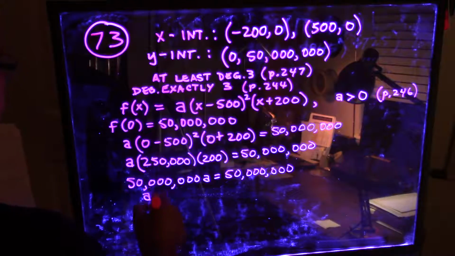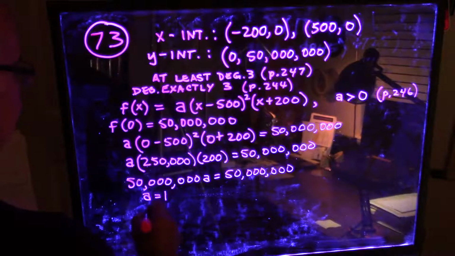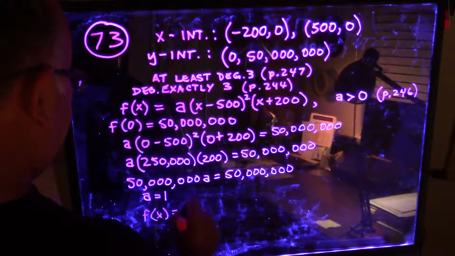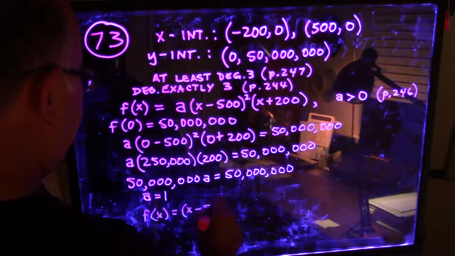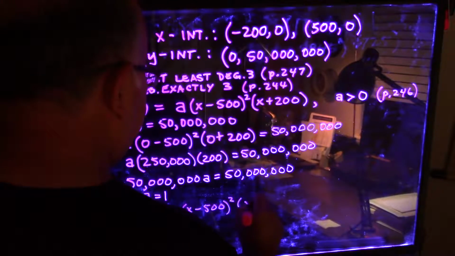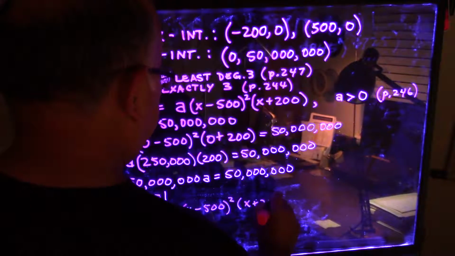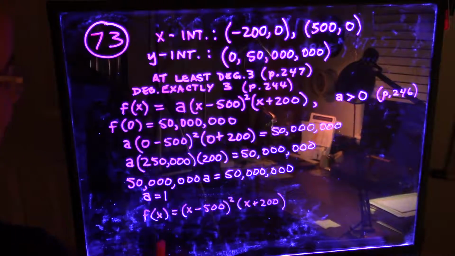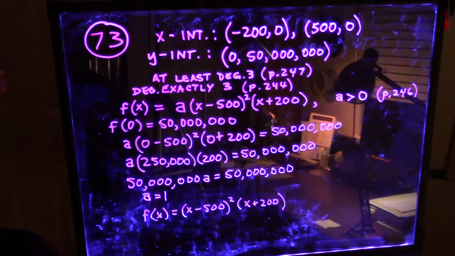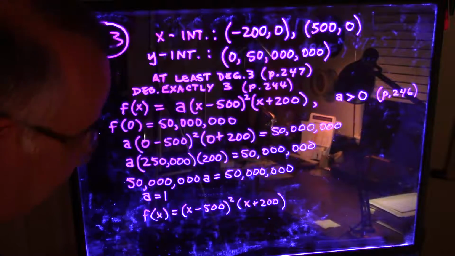So f of x then is, just let that equal 1. f of x is the quantity x minus 500 squared times the quantity x plus 200. And you could, if you wanted to, multiply all that out. You could expand the x minus 500 squared and then multiply the result by x plus 200. And you would get an expanded version of that if you wish.